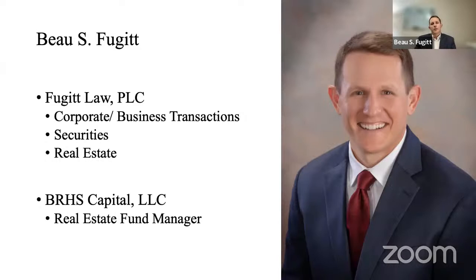I did a lot of real estate transactions, and for the past year or so, my practice has been almost exclusively in real estate securities. What I mean by that is real estate funds, real estate syndications, that type of thing. I have done some crypto deals and some oil deals as well in the securities world. So that's been a lot of fun. But that's kind of my legal background.